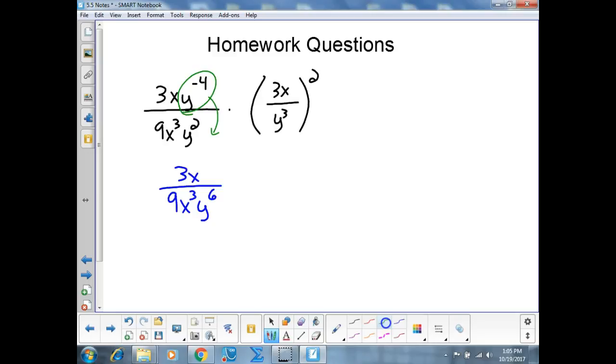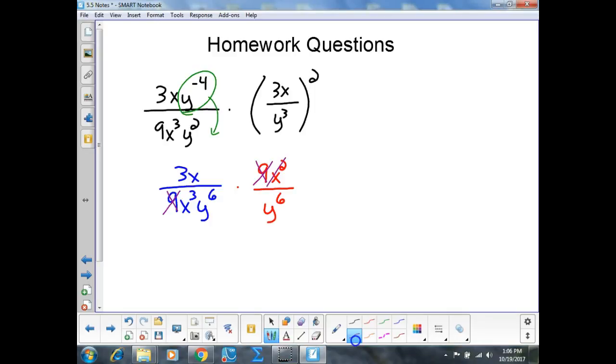Second fraction. Distribute the squared into all the parts, right? 3 squared is 9. X squared is x squared. Y cubed squared is y to the 6th. Okay? Now, this 9 cancels out that 9.